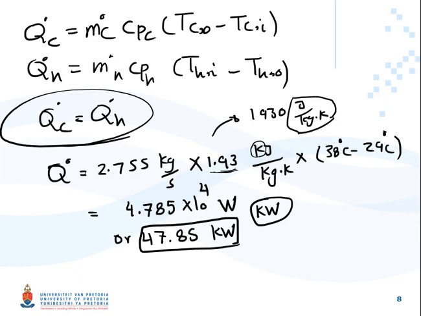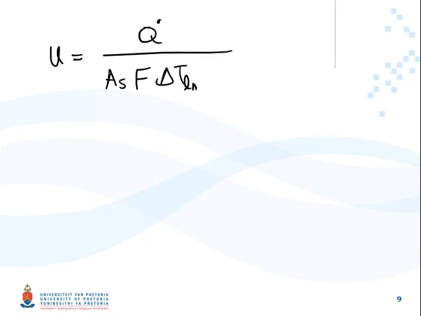Okay, now we have all of that, so let's go and find the U. We said that our overall heat transfer coefficient is Q dot over A times the log mean temperature difference.